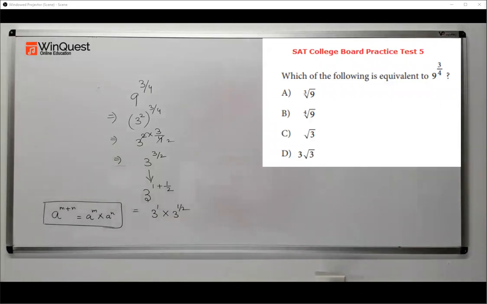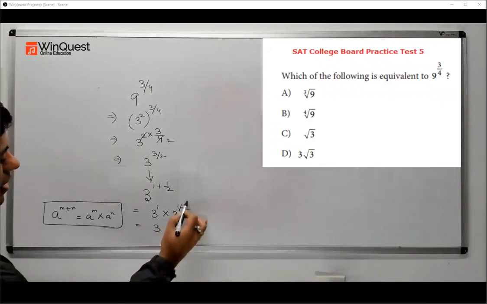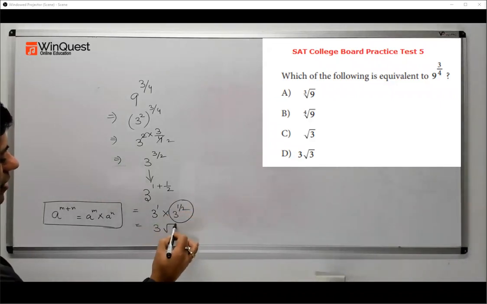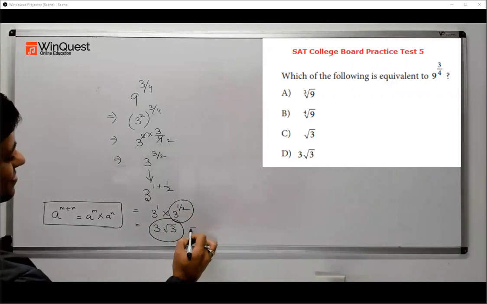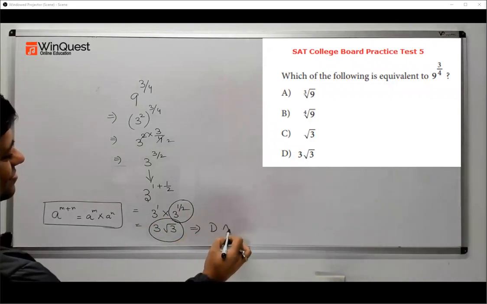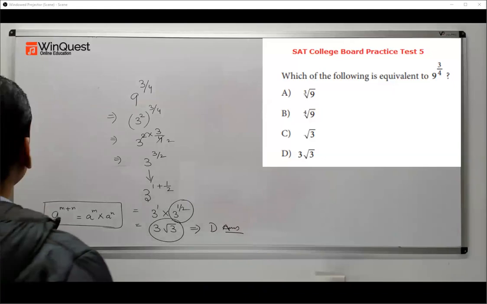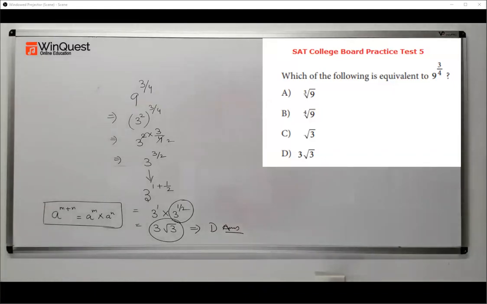This is 3. This 3 to the power half, I am writing down as a radical form. How far are we clear?